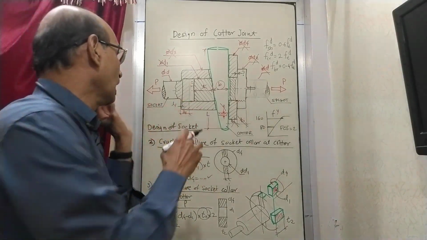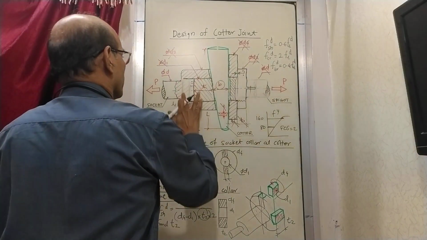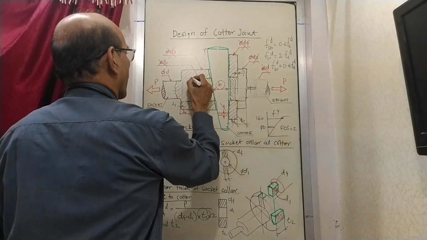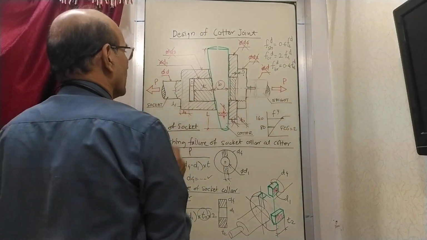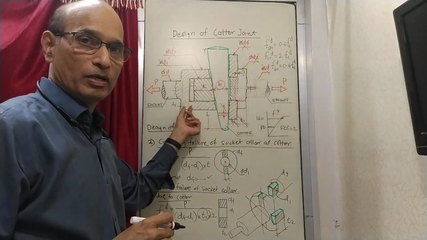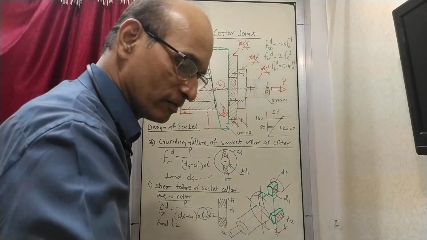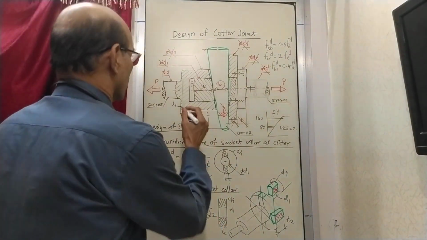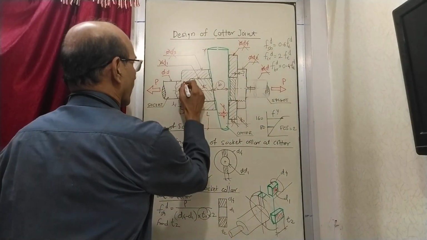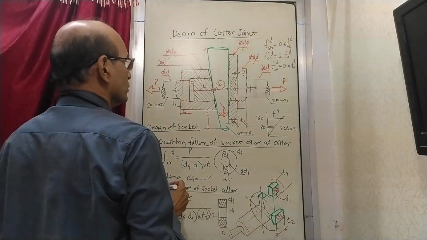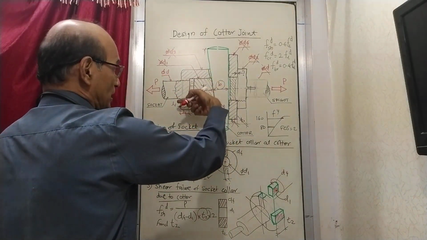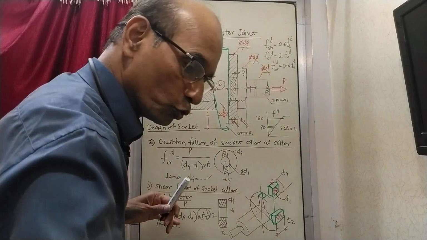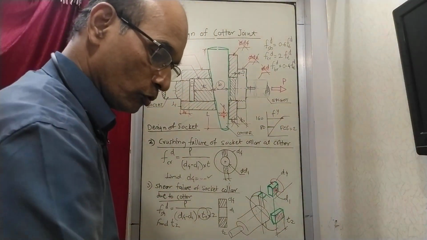So in this case, I'll again go back to the original shape, which is this, and we have now realized that it is going to fail somewhere here. From which place? It is going to fail from here, like this. So if it is to fail from here, the resisting area will be the circular area. That area now we have to show. So this we will do again by a new sketch like this.